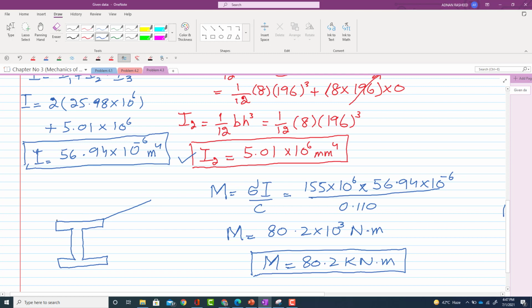This is the beam, and the axes were shown like this: this is the center, this is the x-axis, and this is the y-axis. This means you can apply the moment M of 80.2 kilonewton meter to this beam. So this was the solution of problem 4.3.